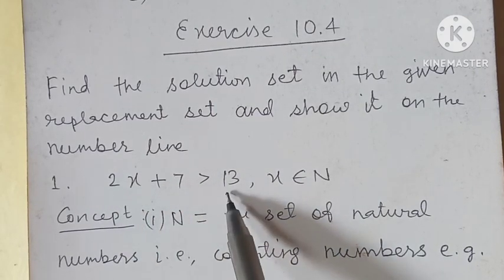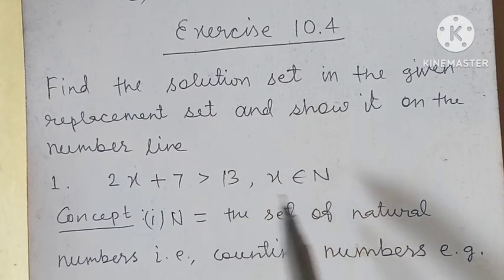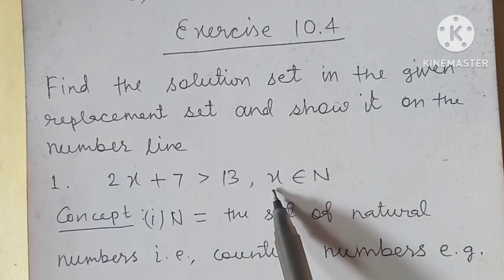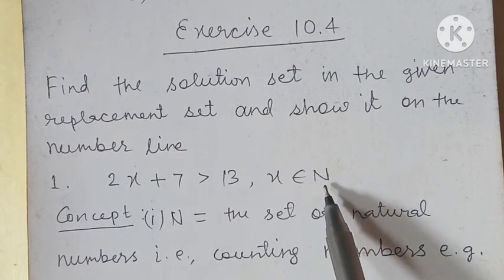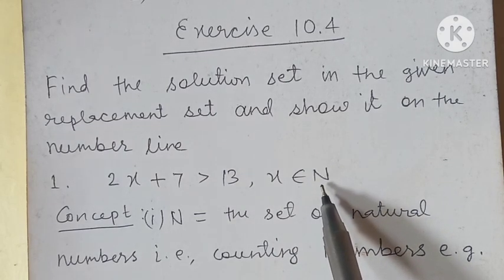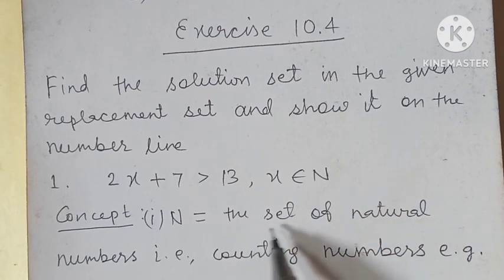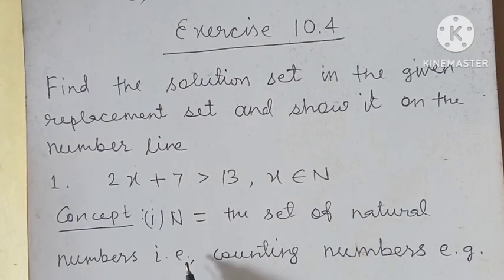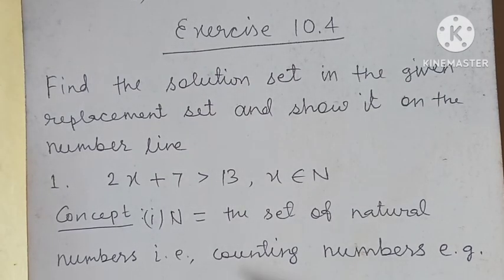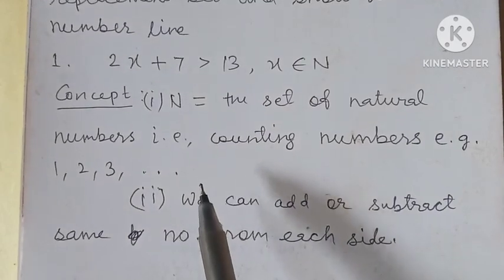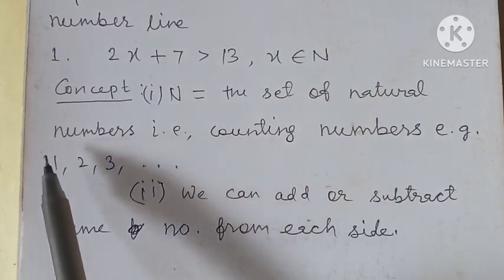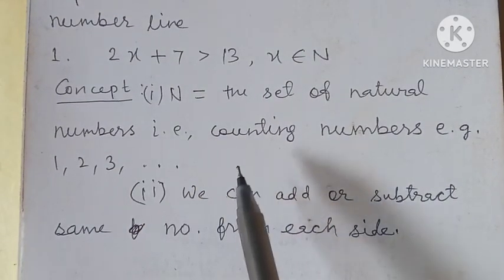This is an inequation, it is given, we have to find the solution set. Here x belongs to N. This capital N is the set of natural numbers, that is counting numbers. For example, 1, 2, 3 and so on.